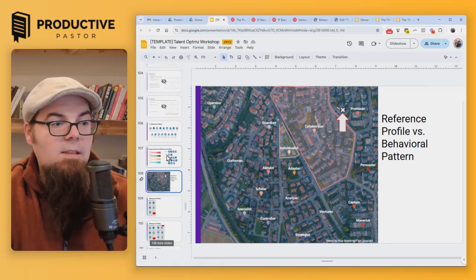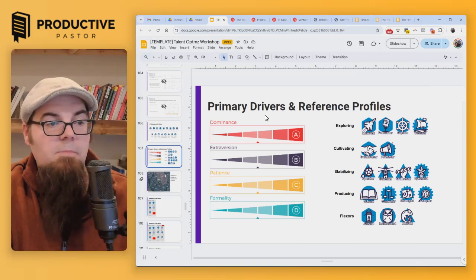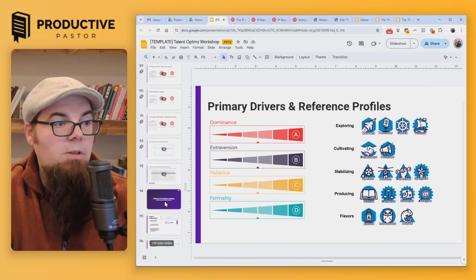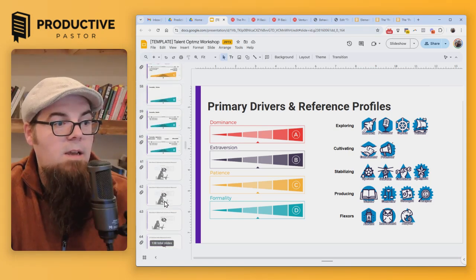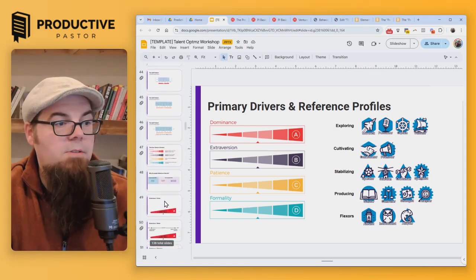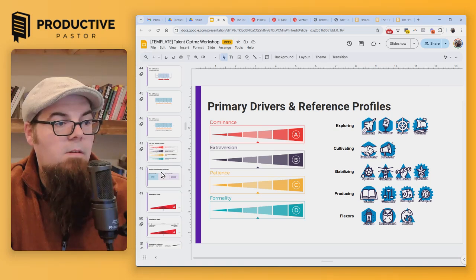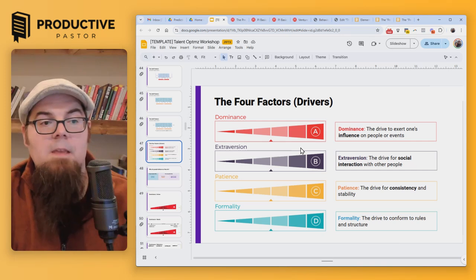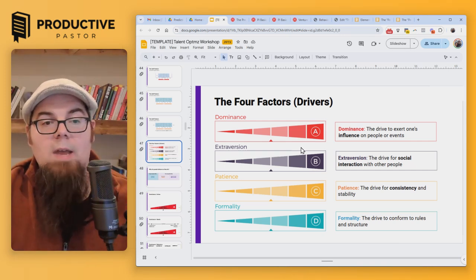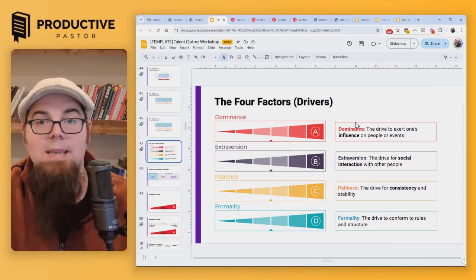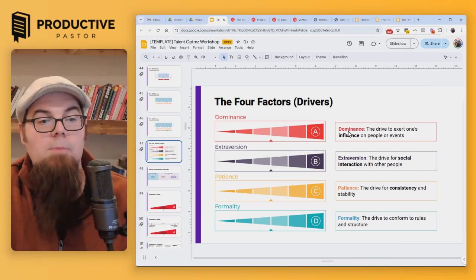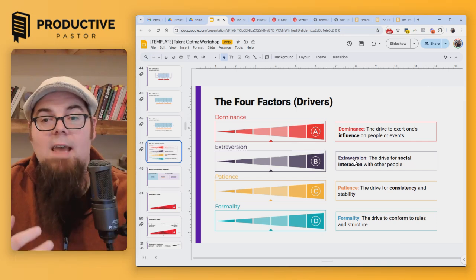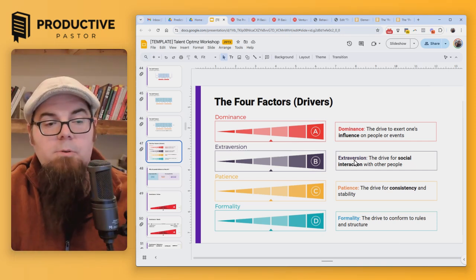So now let's remember these drivers, and we'll go and look at what this is. These 4 drivers are A, the drive to exert one's influence or impact on the people or things around them. The B drive is the drive to have social interactions with other people.